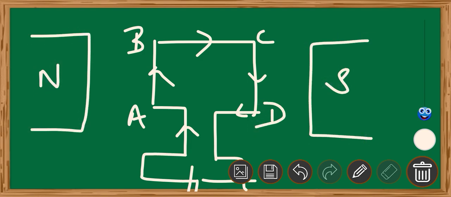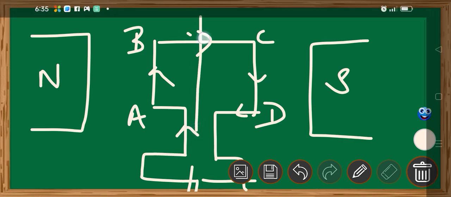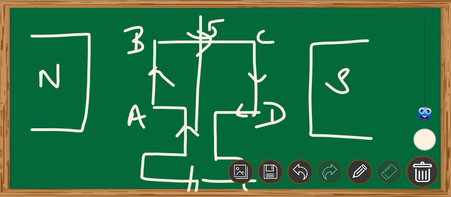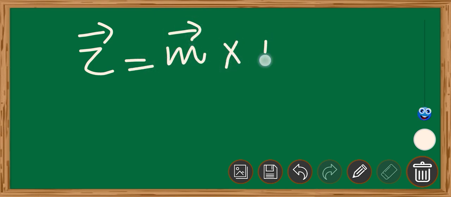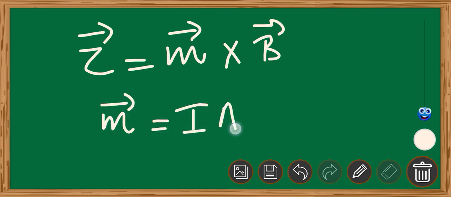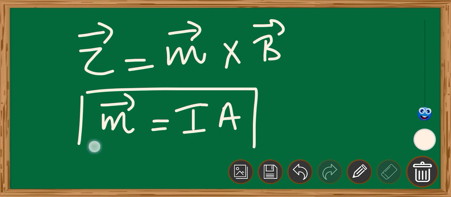When we pass current through it, it experiences a torque and it will rotate, and that is actually the motor principle. The equation to find that torque that we derived is tau equal to M cross B, where M is the magnetic moment, M equal to I into A, where A is the area of the loop and I is the current.